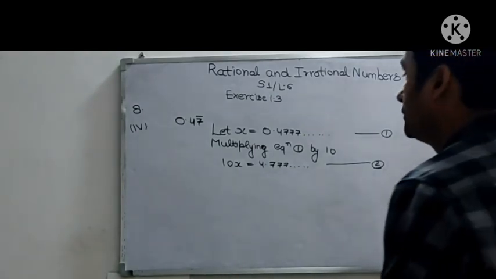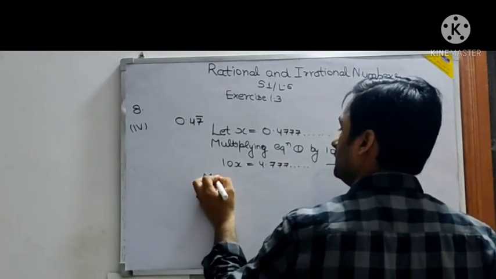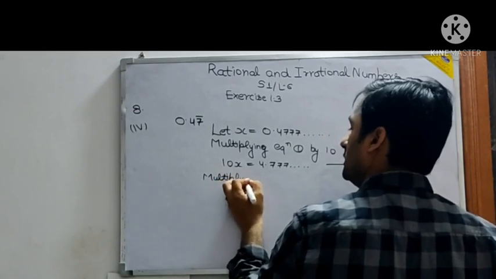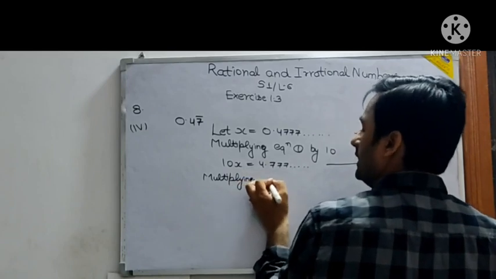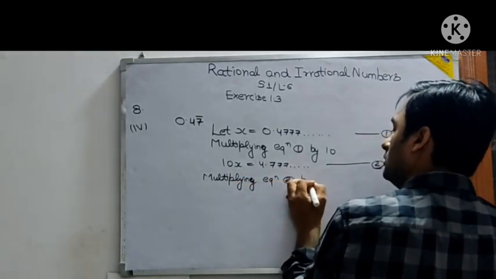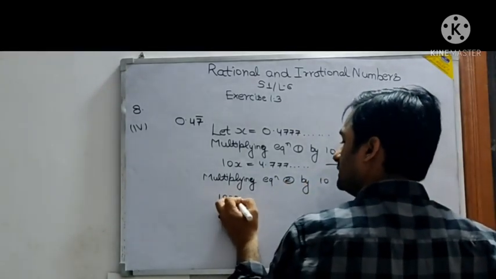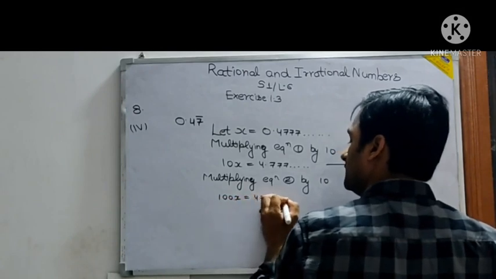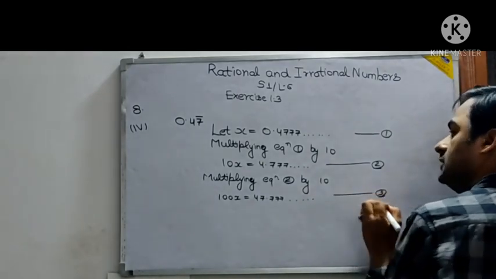Then one more thing we'll do. Multiplying equation 2 by 10, we get 100x is equal to 47.777 dot dot dot. This is equation number 3.